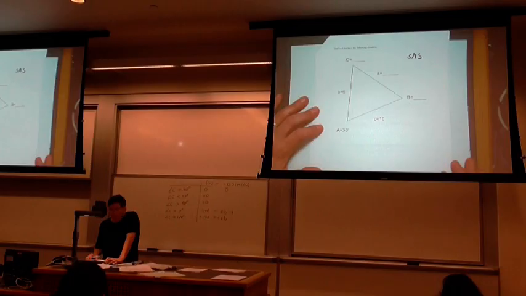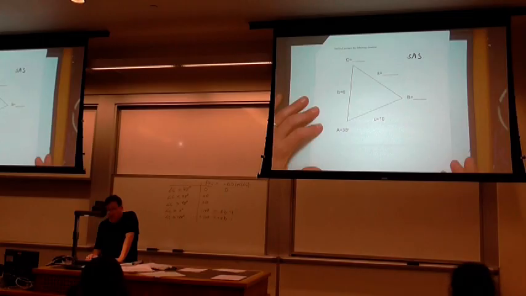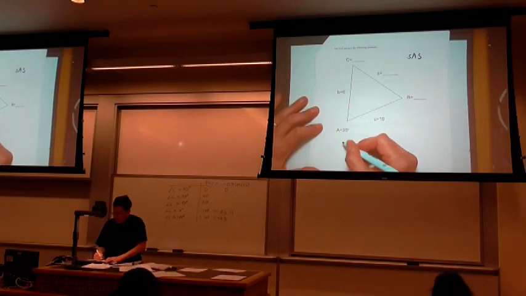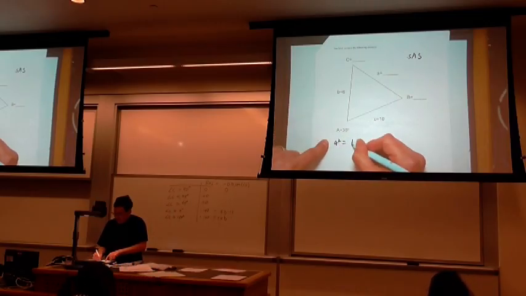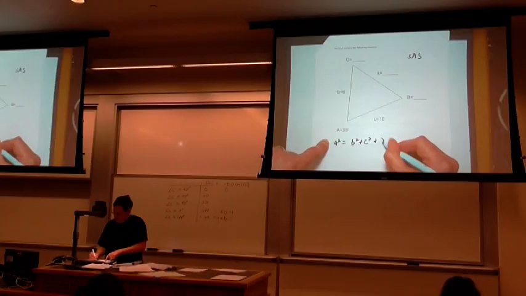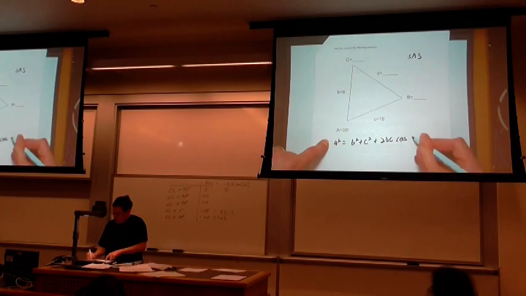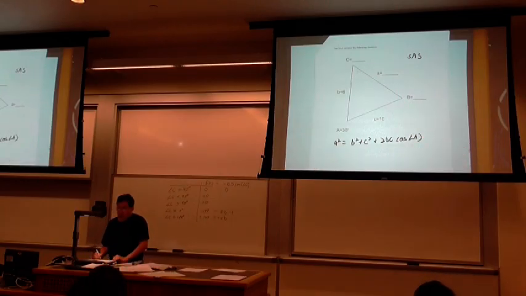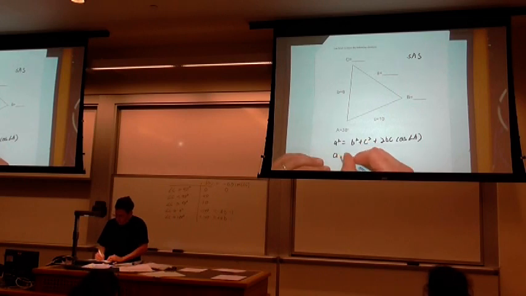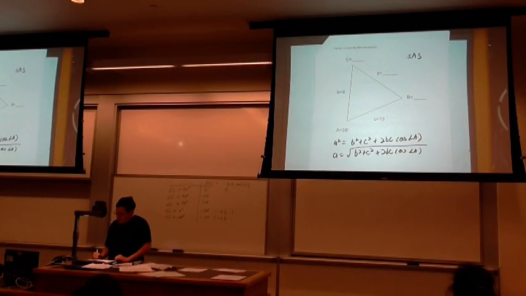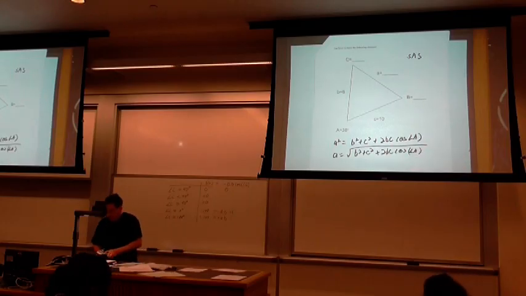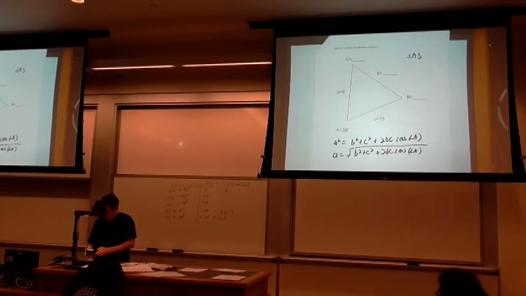We can use the cosine. What I'm going to do is use the fact that a squared equals b squared plus c squared minus 2bc times the cosine of angle A. Or if you like, a equals the square root of b squared plus c squared minus 2bc cosine of angle A. And this is something you can just pop into your calculator.